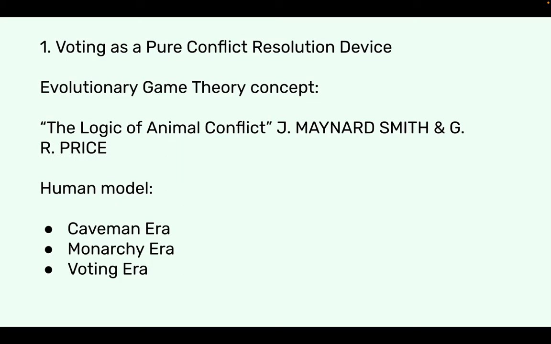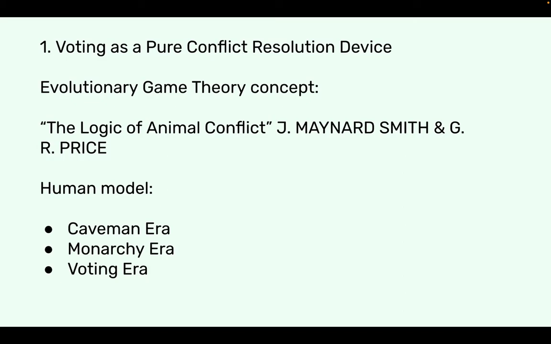Then when humans, we've been very successful, and as we grew, as our groups grew into tribes and city-states, then we invented the Monarchy Era. The monarchy is another conflict minimization device or conflict resolution device, and it comes from biology, the need for these kinds of devices.